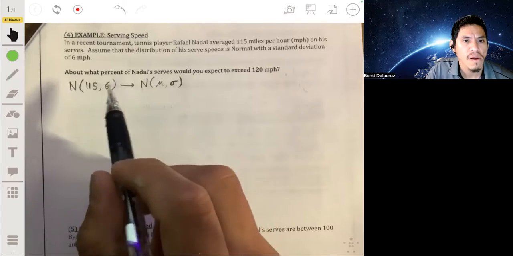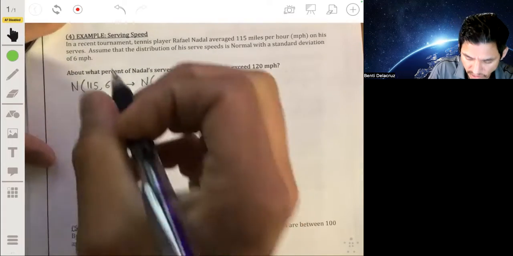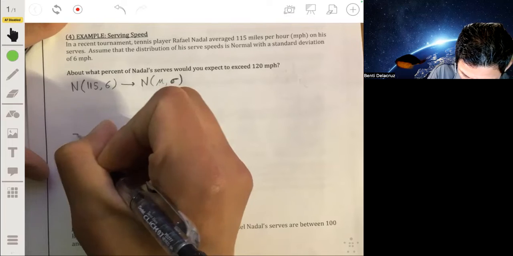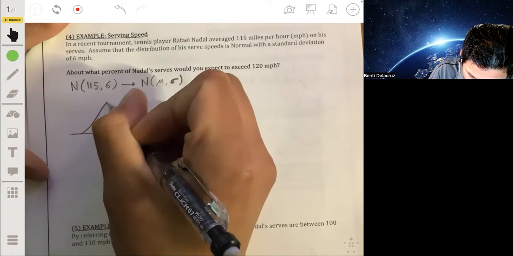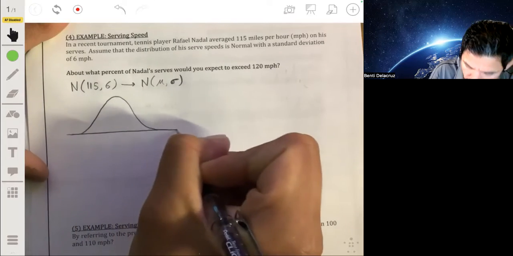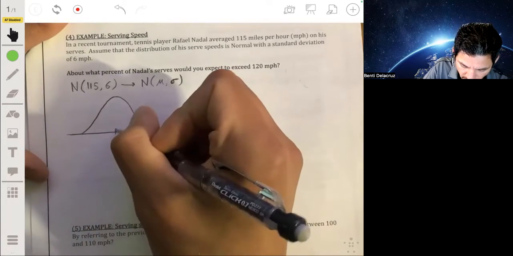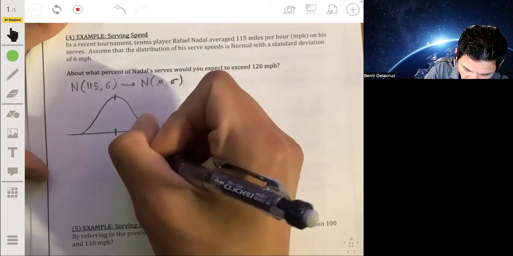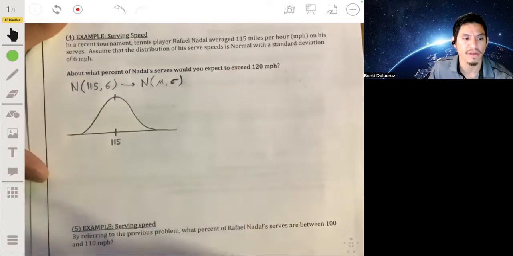Okay, so what are we trying to find in terms of normal distribution? Well, let's draw a picture that represents this. So draw a sketch of a normal curve as best as we can. It's normal with a mean of 115, standard deviation of 6. I like to draw a line right through the middle and top to represent where the mean is.